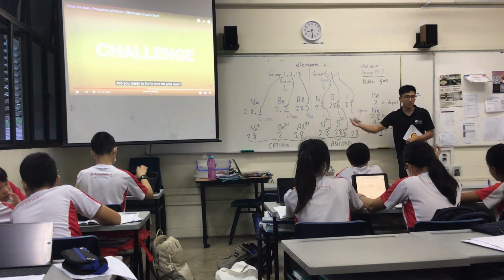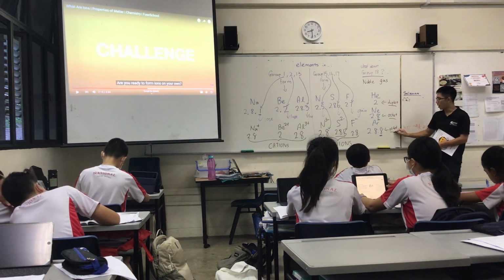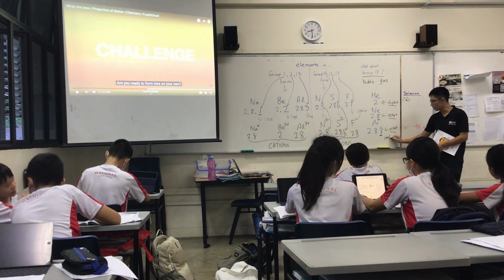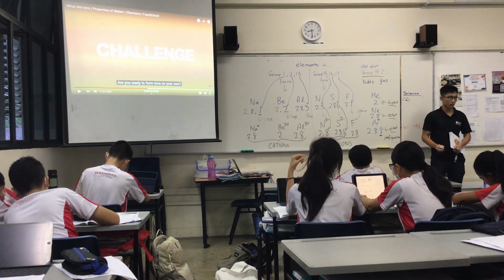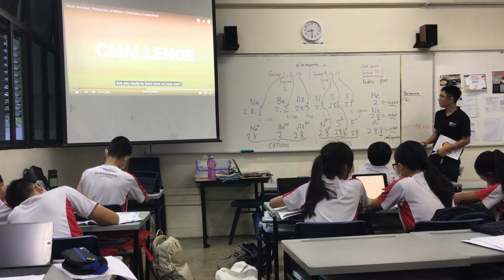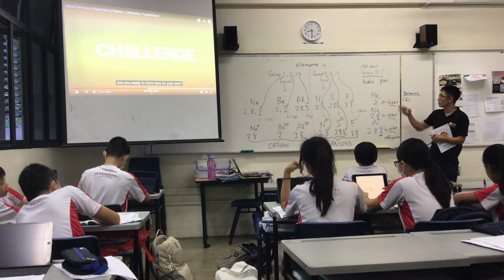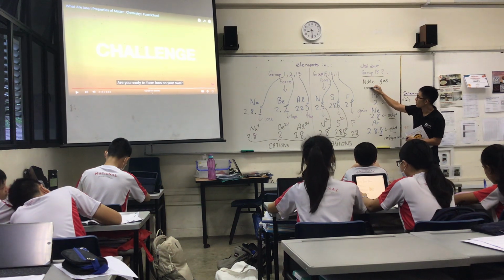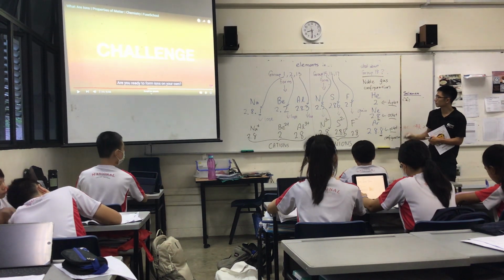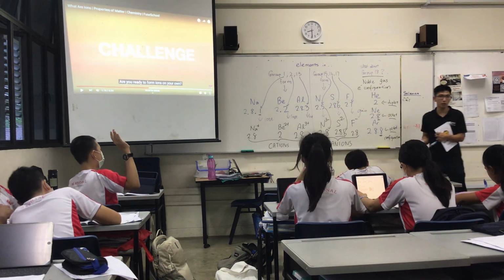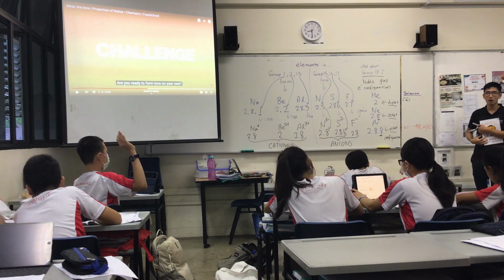All elements strive to achieve either duplet or octet configuration. Or sometimes the teacher may say, all elements are trying to achieve the noble gas configuration. That's the ultimate goal of all elements.